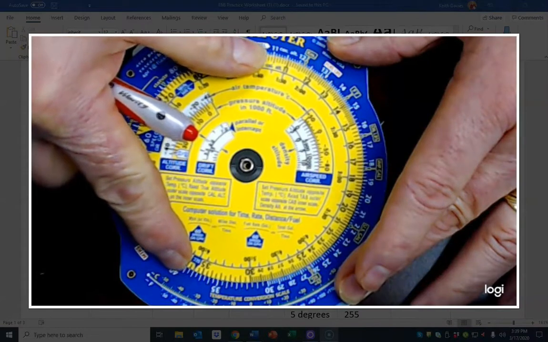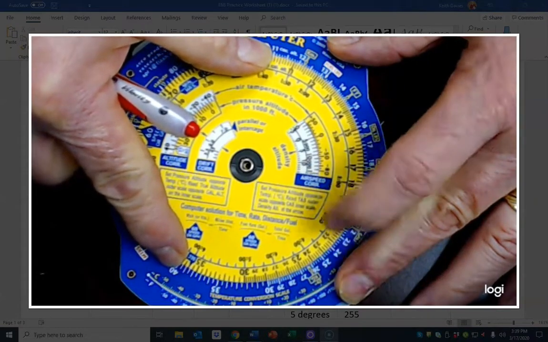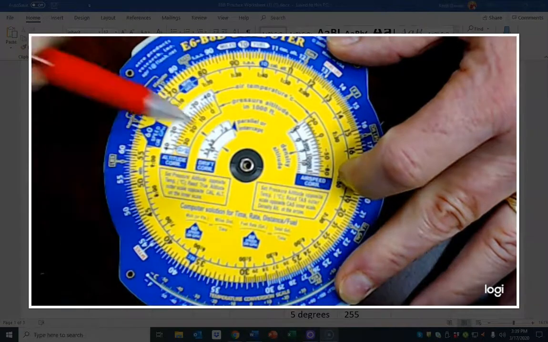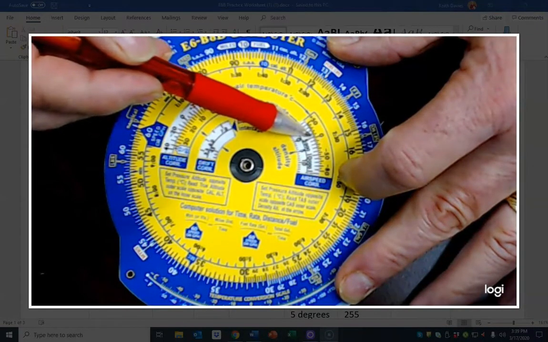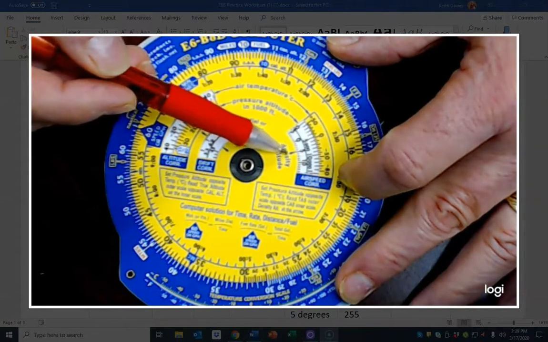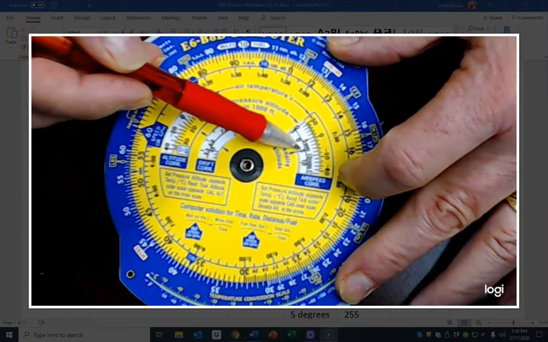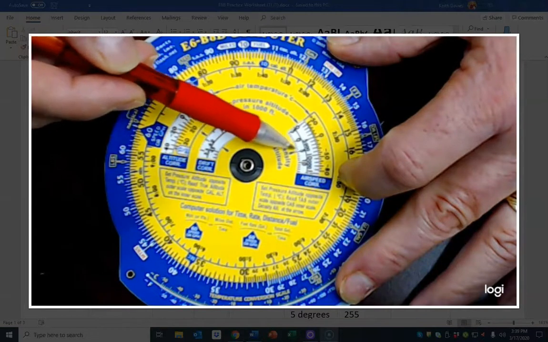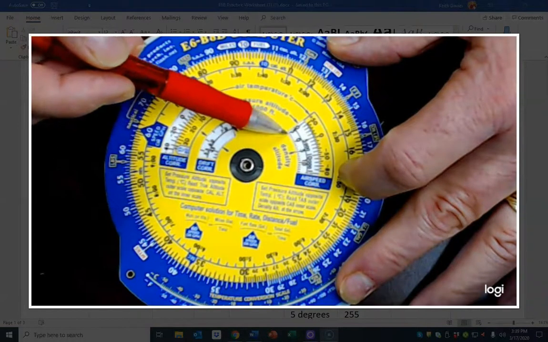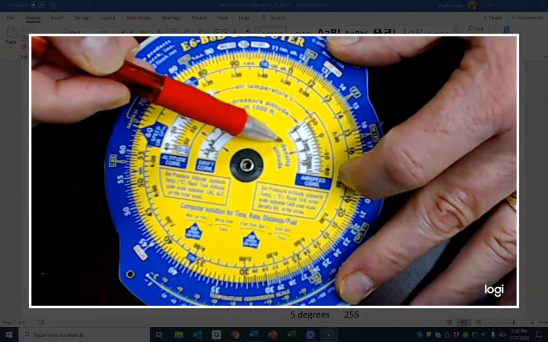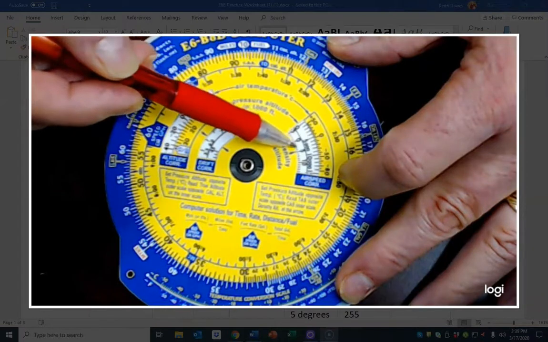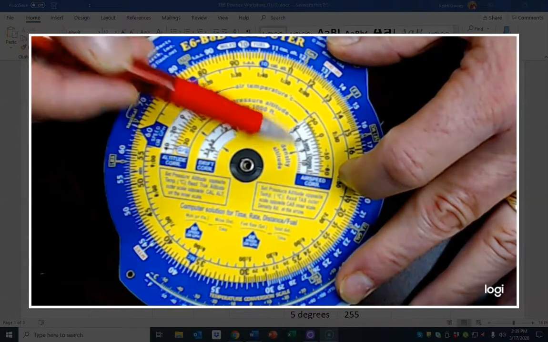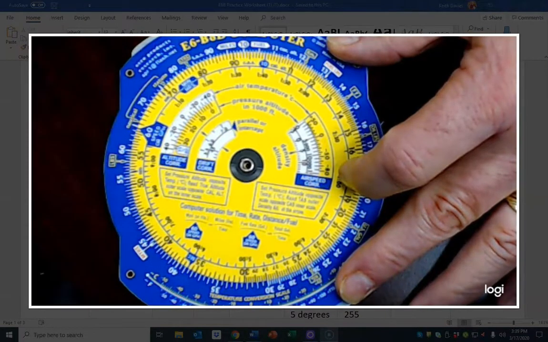So you're going to go right 10 degrees and about 4,500 right there. Okay? So there's your pressure altitude at 4,500, and you're matching it with 10 degrees. So you'll read the density altitude just a tiny bit less than 5,000, about 4,900 feet on this outer scale here. It says density altitude. So on the outer scale, you will read what the DA is. So it's about just one tick less than 5,000. Okay, so it's about 4,900.